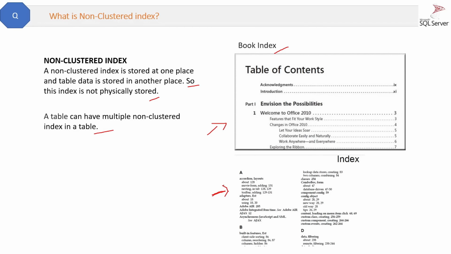Then we can have one more index about the alphabets, like what are the main words used in the book. This is also a kind of index, because here also you have the name of the word and the page number where it is located. So there can be more than one non-clustered index possible in the table.